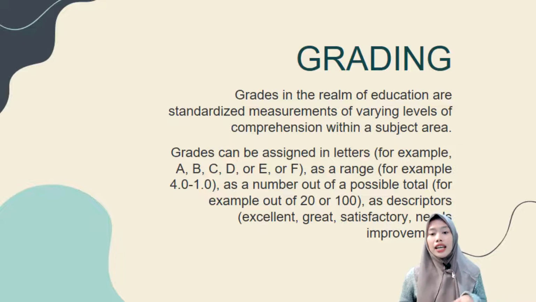Grades can be assigned in letters, for example, A, B, C, D, E, or F. Actually, when we are in college, our grades can be A plus or B plus, B, C, and also it has a range of numbers, 4, 3.5, 3.2, and so on. As a range, for example, now 4.0 until 1.0, as a number out of a possible total, for example, out of 20 or 100.